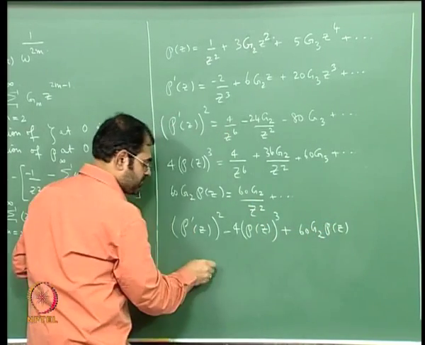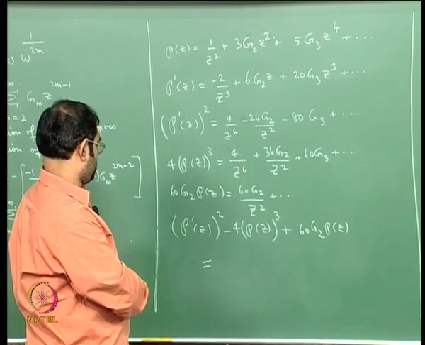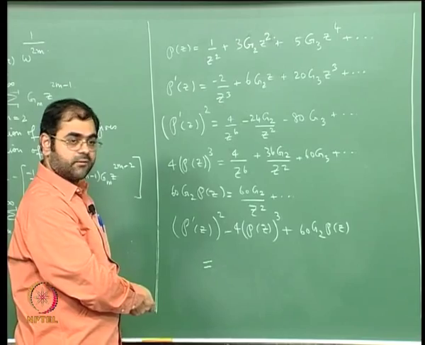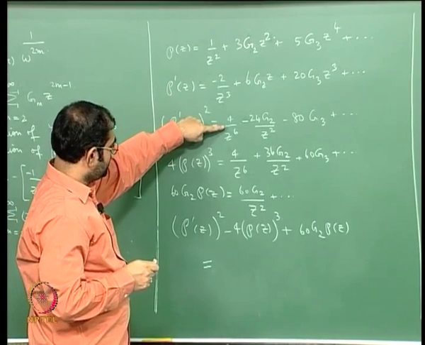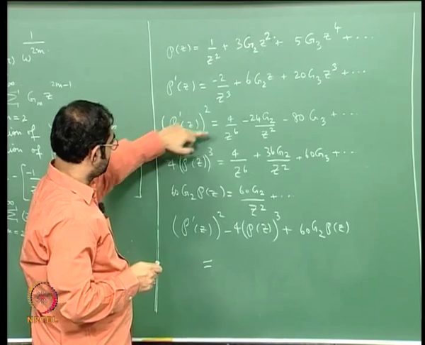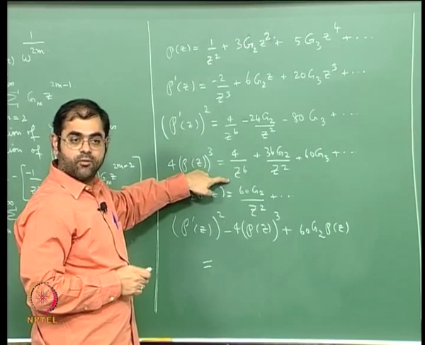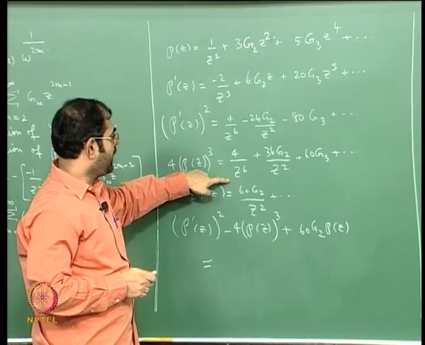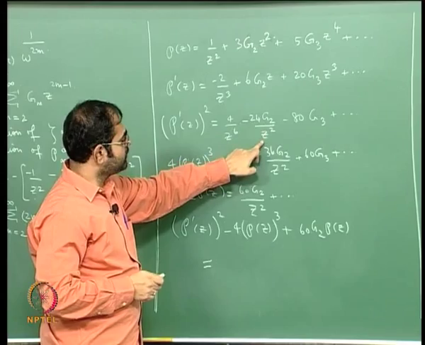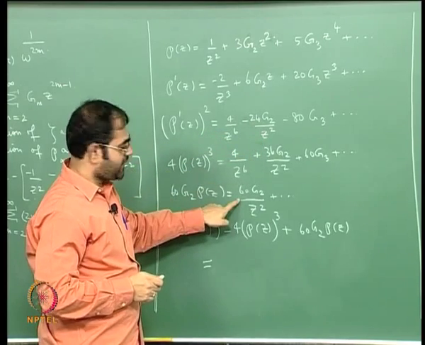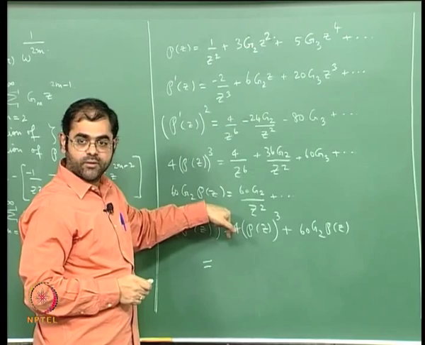If I calculate this, then what I end up with is, you see here, this minus this, so the 1 by z power 6 term is going to go away, and then this minus this is going to give me minus 60 g2 by z squared, and if I add this plus 60 g2 by z squared, the 1 by z squared term is also going to go away.